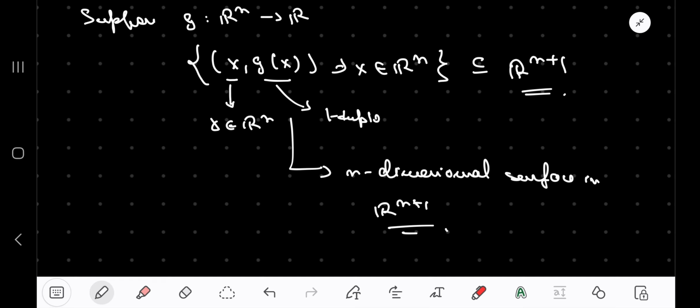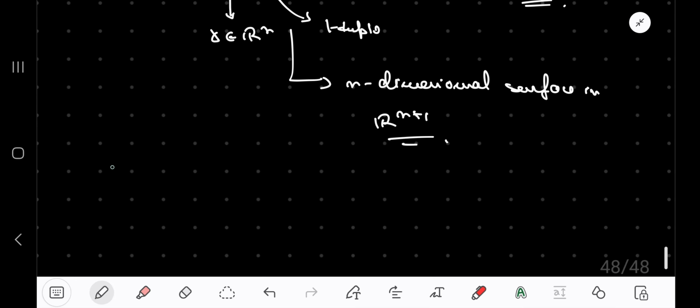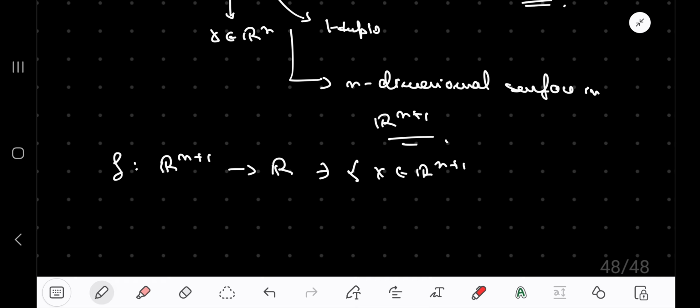Okay, fine. Now the question which we can take up in the n-dimensional case is this: suppose I have a function f from Rn+1 to R, and I choose the points x in Rn+1 such that f(x) is some constant c. So this is basically the level curve.